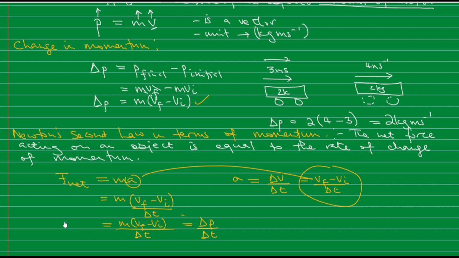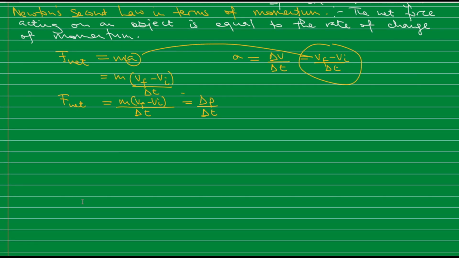Newton's second law will now have been converted to F net is equal to delta P over delta T. And in words, we state this as the net force acting on an object is equal to the rate of change of momentum of the object.